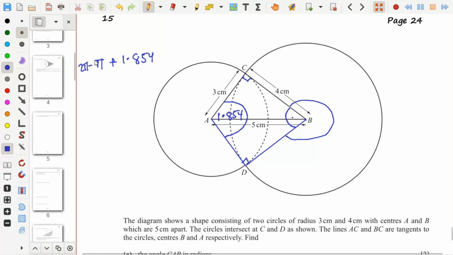Do that, let's see what you get. Okay, I'm getting the angle there to be 1.288.